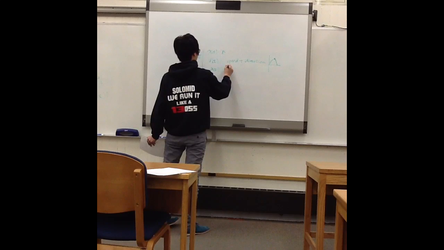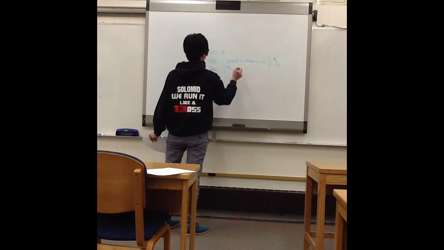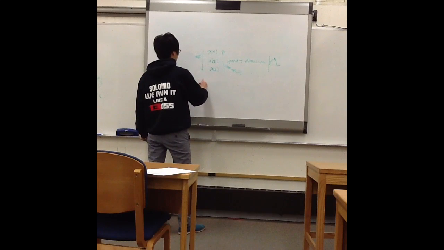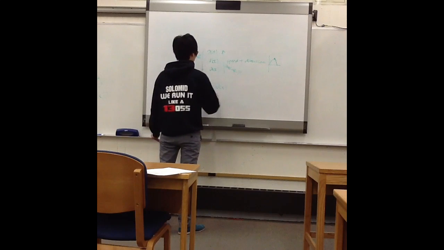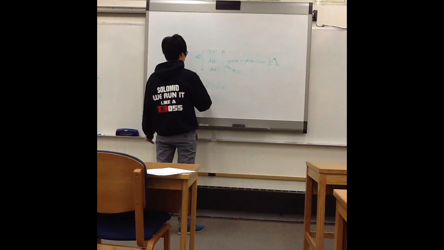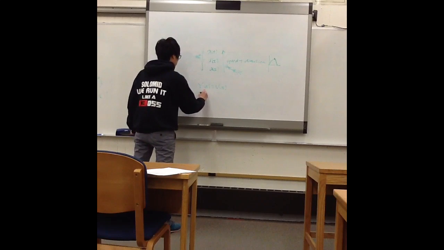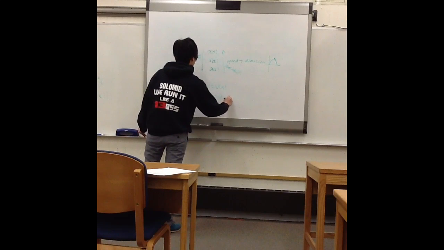It's pretty obvious. Which means x prime of t equals v of t, and x double prime of t equals acceleration of t.